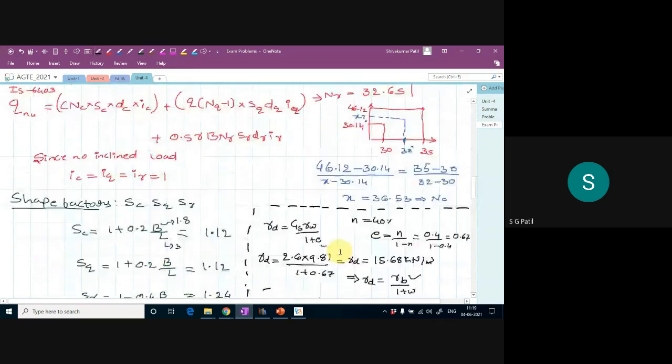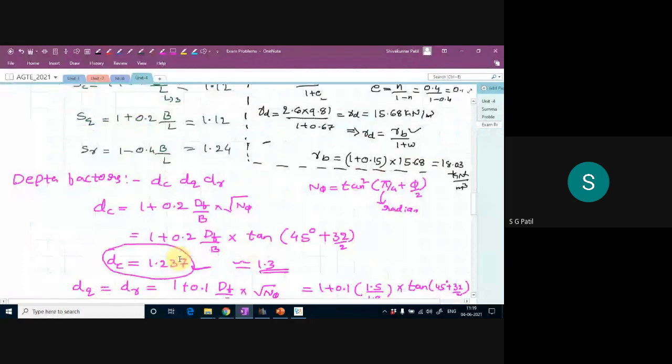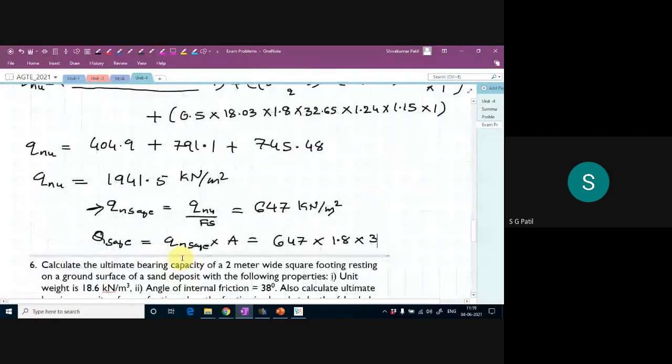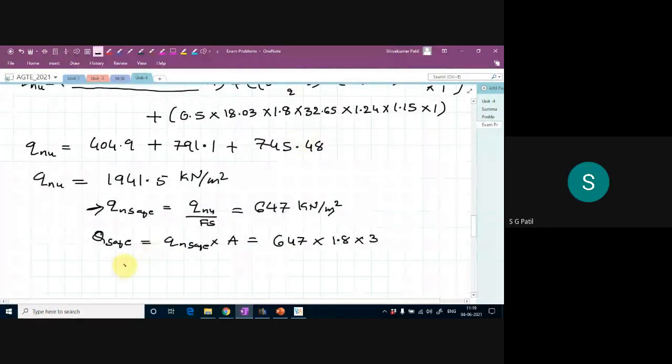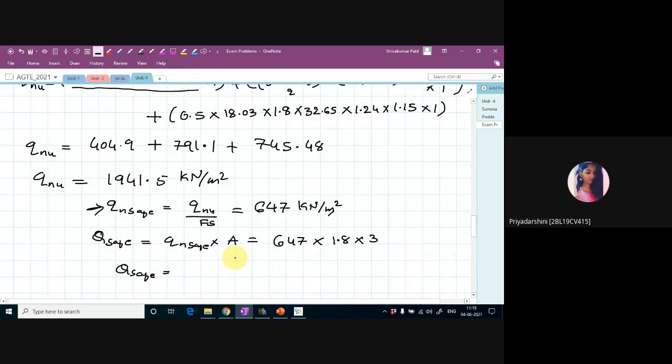So tell me how much you are getting. Q safe is equal to 3494.6 kilonewton. One minute. 3493.8.